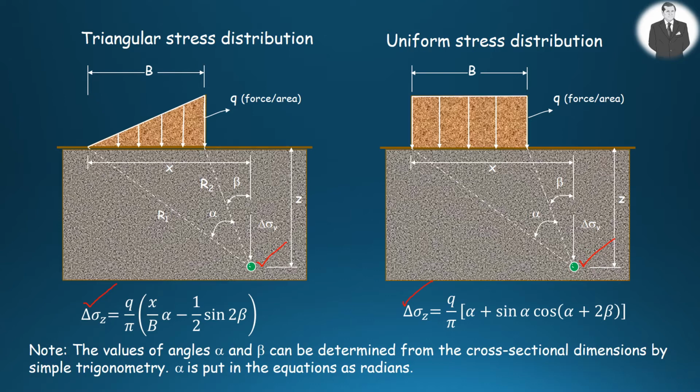In these equations, the values of angles alpha and beta can be determined from the cross-sectional dimensions by using simple trigonometry. What is important here is that alpha should be used in the equations as radians.